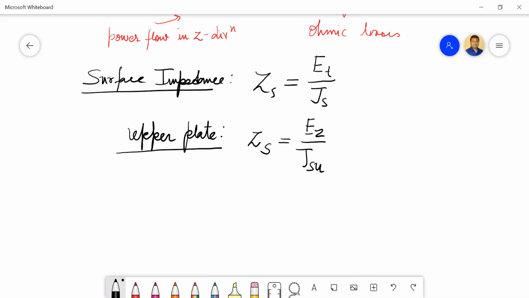JS stands for the surface current, and U stands for the upper plate. This is equal to Ez over Hx, since we have a proper relation between J and H, from which we can write Hx. And this is equal to eta C. Eta C is the intrinsic impedance of the plate.